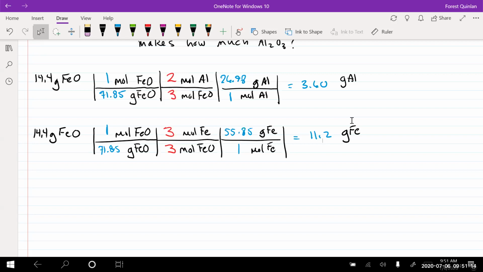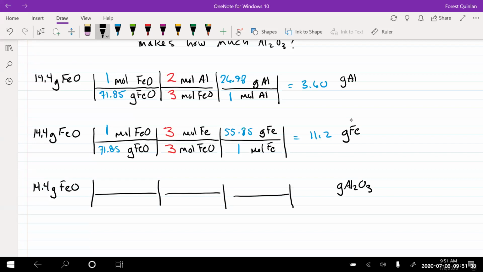All right. So now we're going to go this time to aluminum oxide. And we're going to start in the same place, 14.4 grams of FeO. And this is a mass to mole, mole to mole, mole to mass calculation.